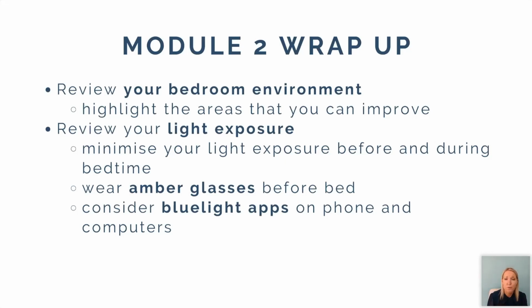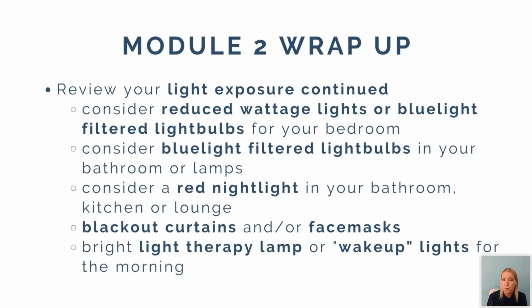Minimize your light exposure before and during bedtime. Some of the things you could consider doing is wearing amber or red sunglasses before bed. Consider blue light apps on your phone and your computer. Consider reduced wattage lights or blue light filtered light bulbs for your bedroom. And consider blue light filtered light bulbs in your bathroom or lamps. Consider a red night light in your bedroom, your bathroom, your kitchen, or your lounge.